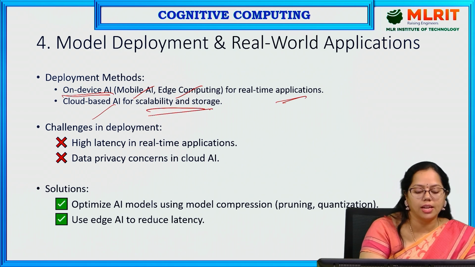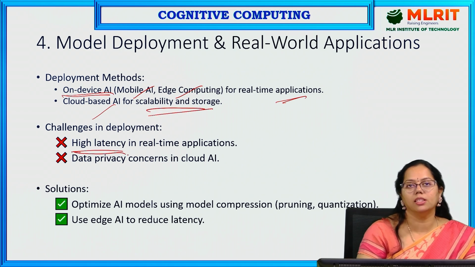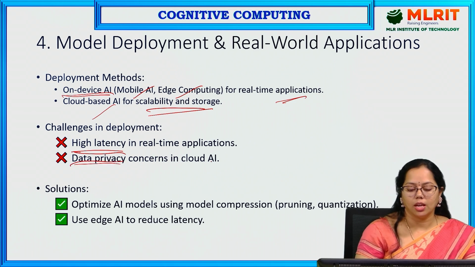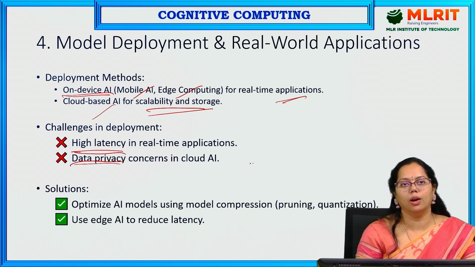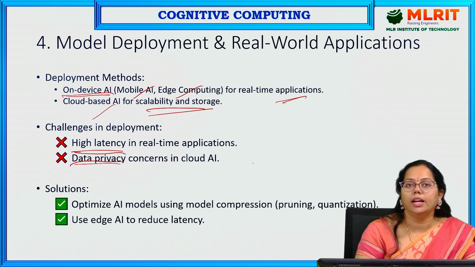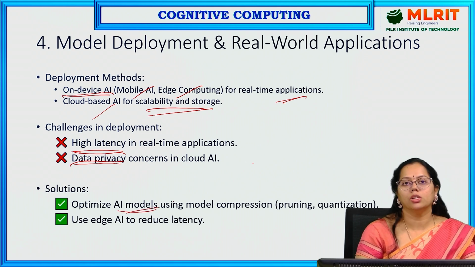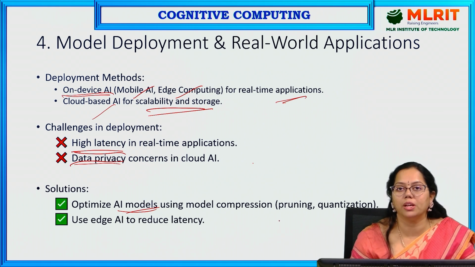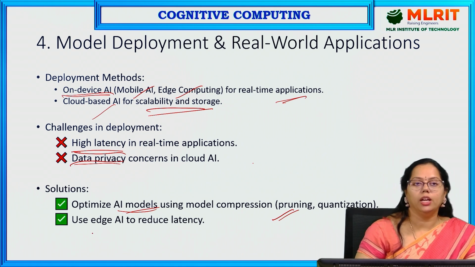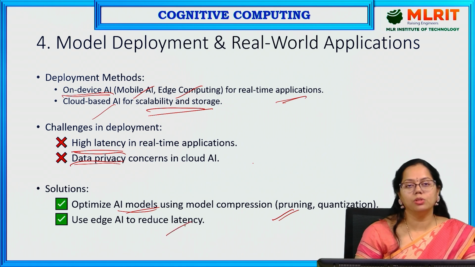The challenges are high latency in real-time applications, and data privacy concerns when using cloud AI. What is the solution? It optimizes AI models using model compression, namely pruning and quantization, and uses edge AI to reduce latency.